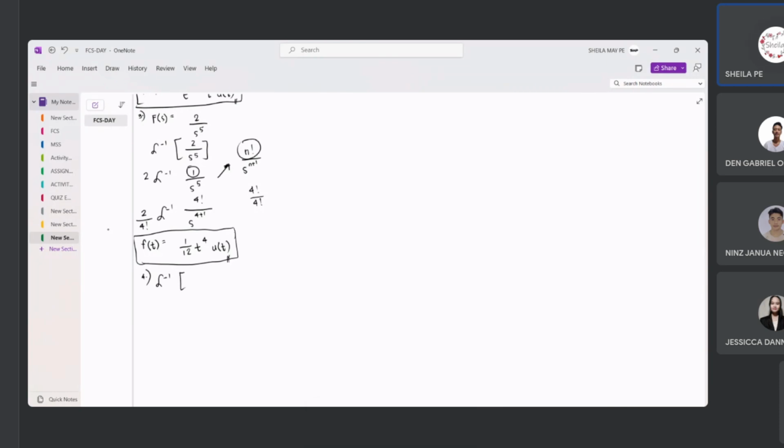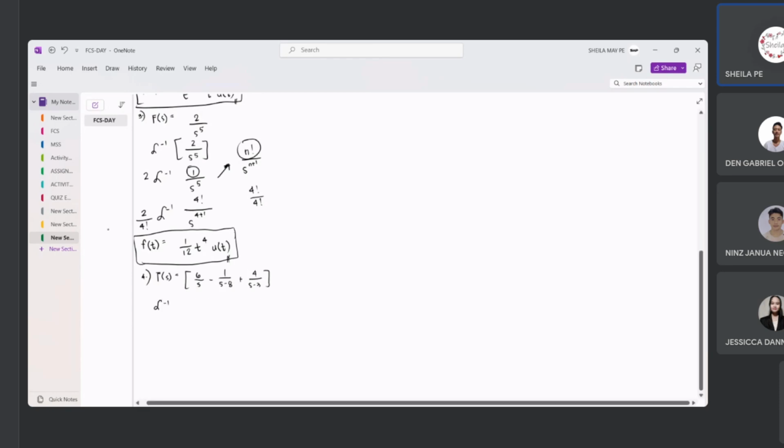For example, f of s equal to, so oops, it should be inverse.